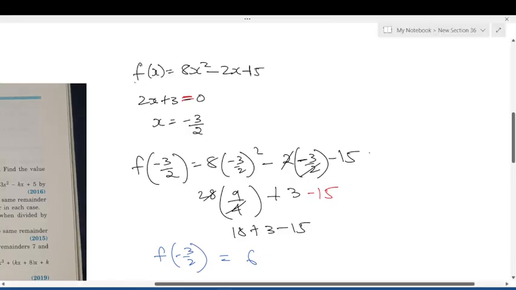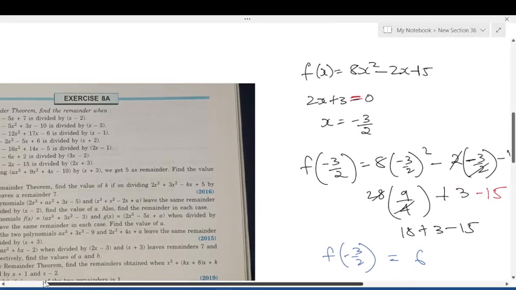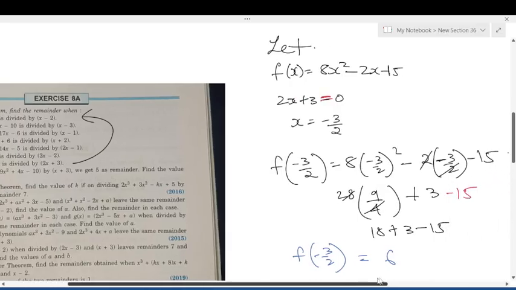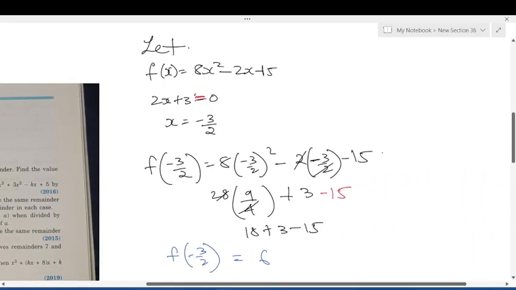See, now I'll tell you how to write, students. I'll tell you how to write the steps. The basic thing you've understood, how to calculate. Using remainder theorem, find the remainder, and they'll give you the 7th question. So you have to write let. Start with this. Let f of x, f of x is the function or the question. Let f of x be equal to 8x square minus 2x minus 15, and copy the equation 2x plus 3 is equal to 0.